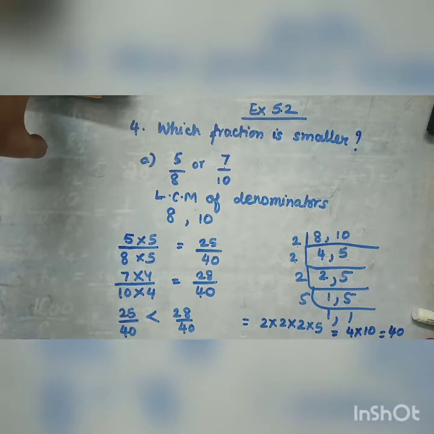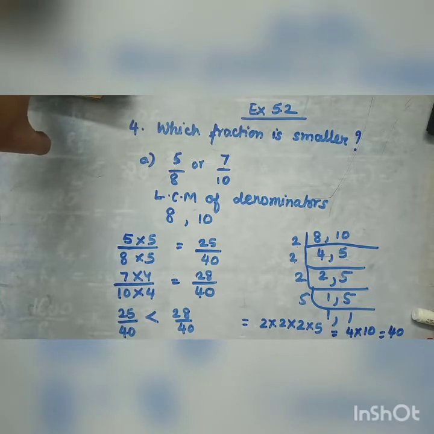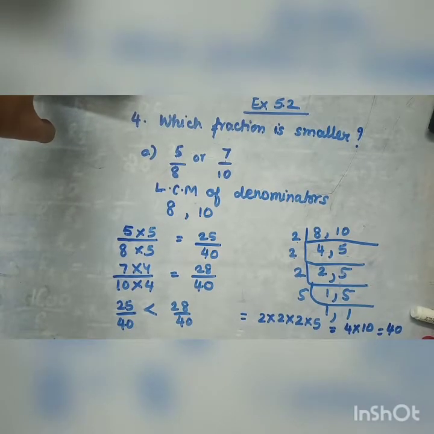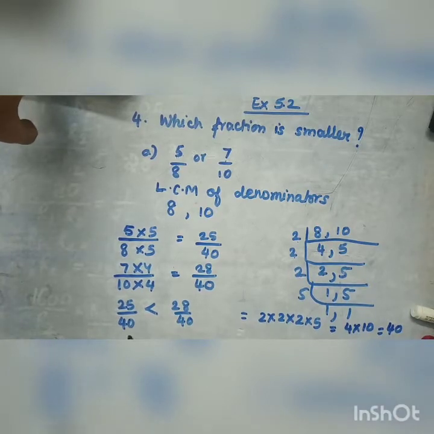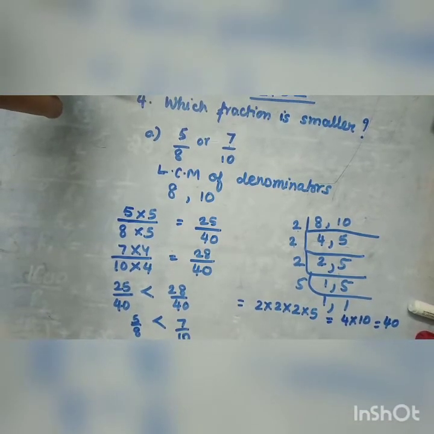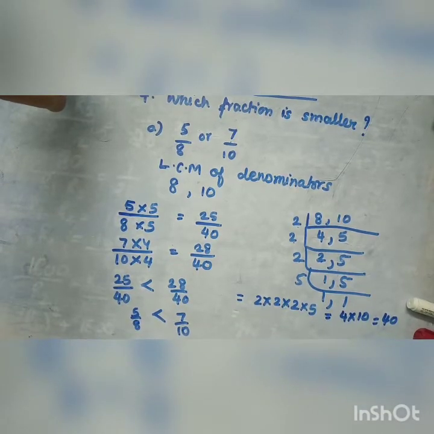So the corresponding numbers are what? Corresponding number for 25 upon 40 is 5 upon 8. So 5 upon 8 is less than 7 upon 10. Therefore, which one is the smaller number?